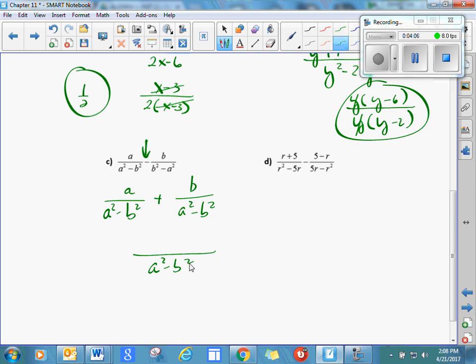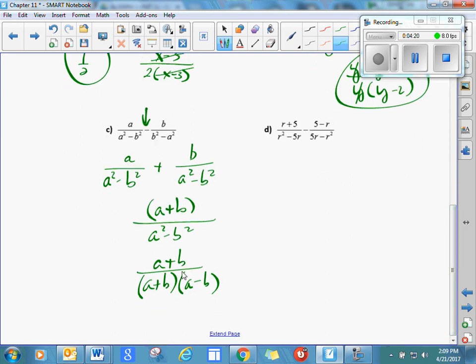I hope you're seeing the difference of 2 squares. A plus b in the numerator, so a plus b over a plus b, a minus b. Those cancel, and 1 over a minus b is your final answer. Don't forget the 1 in the numerator.